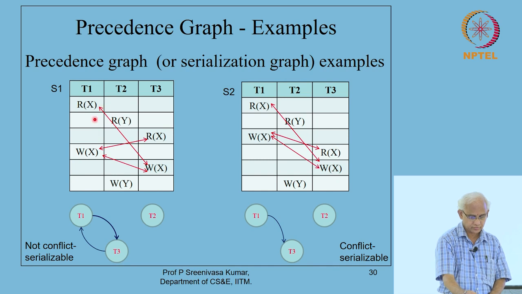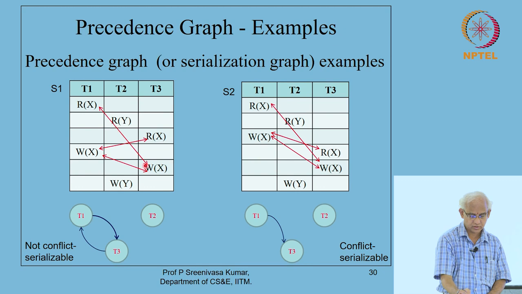The precedence graph here has T1, T2, T3 as the nodes representing the transactions, and if there is a conflicting pair of operations and one precedes the other, then there is an arc from T1 to T3. You can verify that later in the definition.